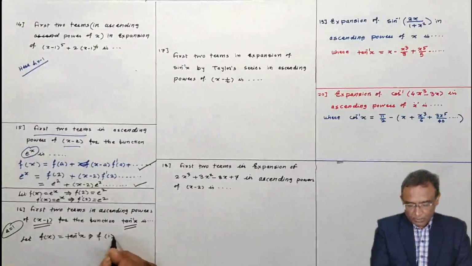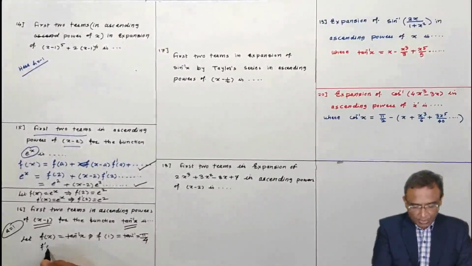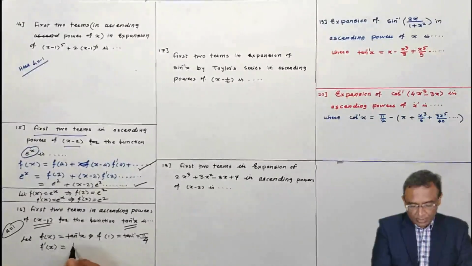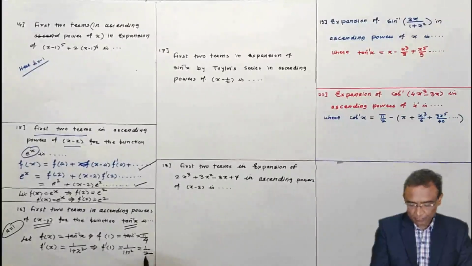The f of 1, put x equal to 1, tan inverse 1 is pi by 4. Okay. F dash of x, derivative of tan inverse x is 1 by 1 plus x square. Here f dash of 1 is 1 by 1 plus 1 square, means 1 by 2.